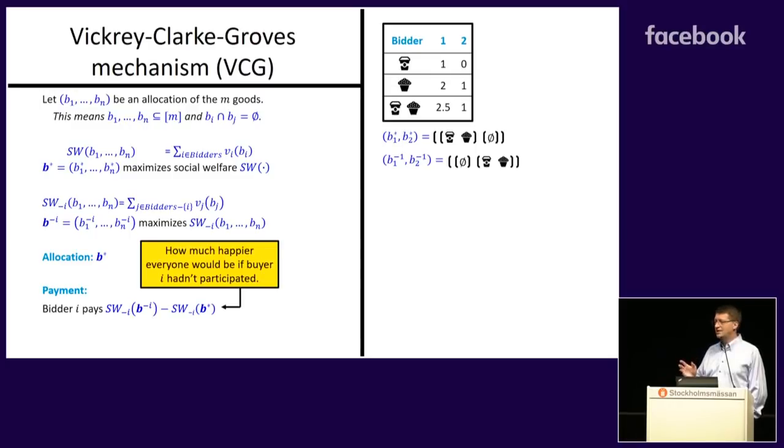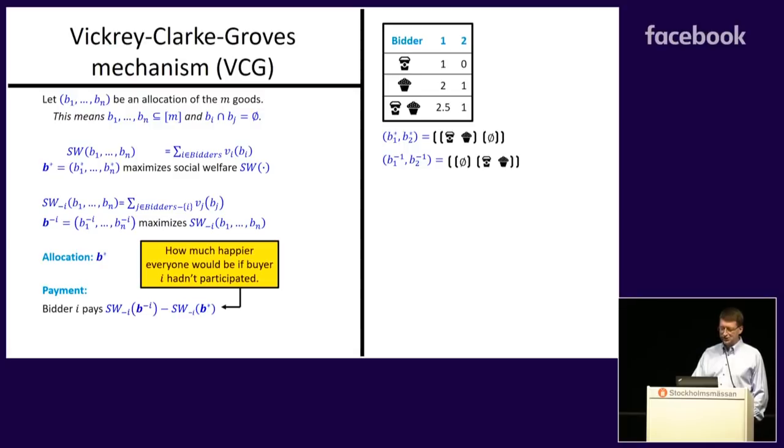So this is really the negative externality that bidder i imposes on the others by showing up. So bidder i showed up, took some items home, therefore those items didn't go to the other agents, therefore there was a negative externality. How big was that negative externality? Well, that's how much bidder i has to pay. All right? So let's run that through this example.